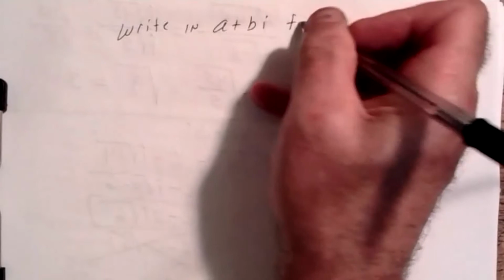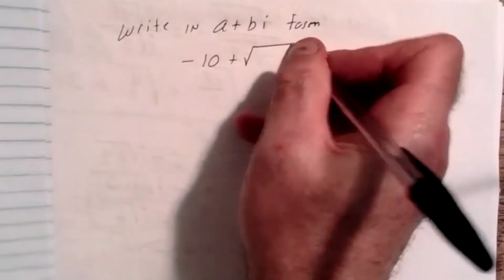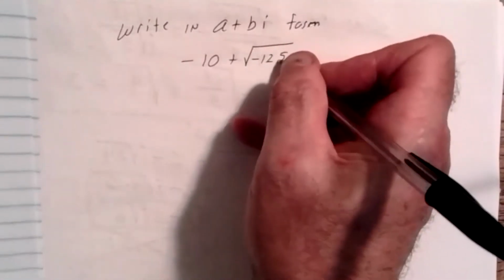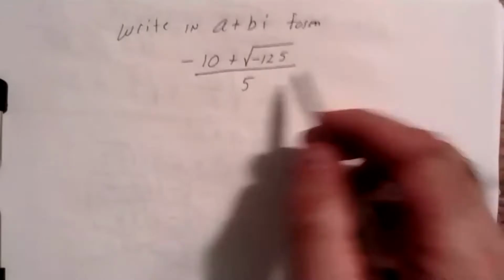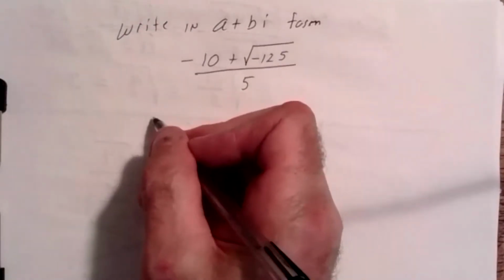Let's see here. Let's try to do this one. Write in a plus bi form. And this comes at us as -10 plus the square root of -125 over 5. We want to write it in standard form.